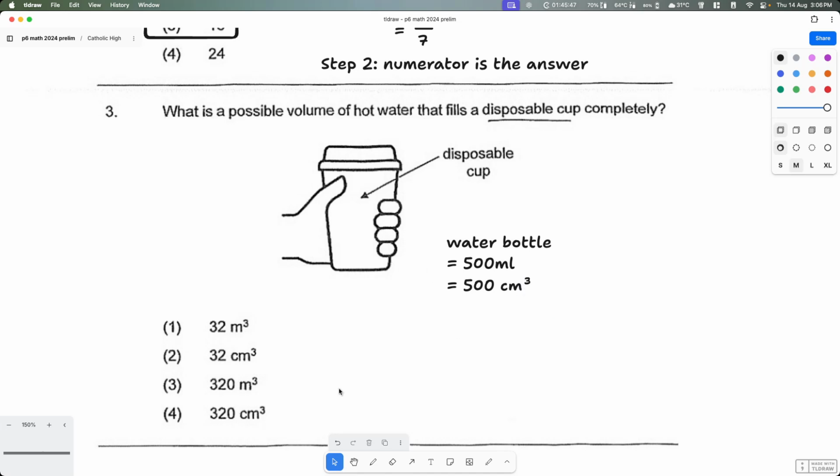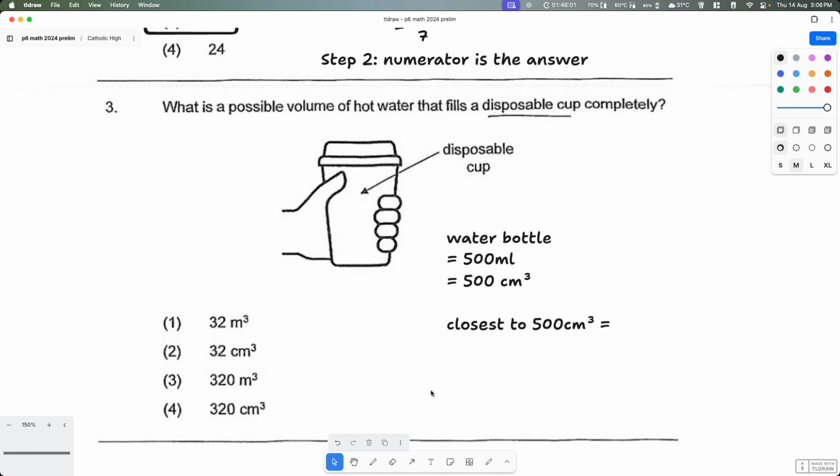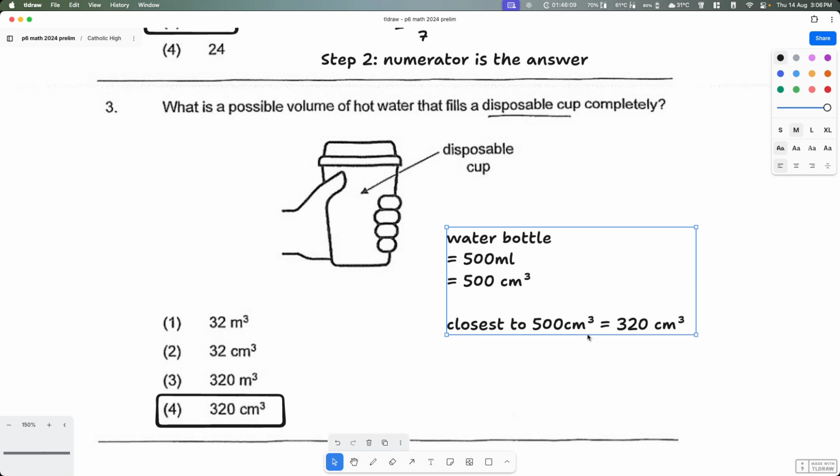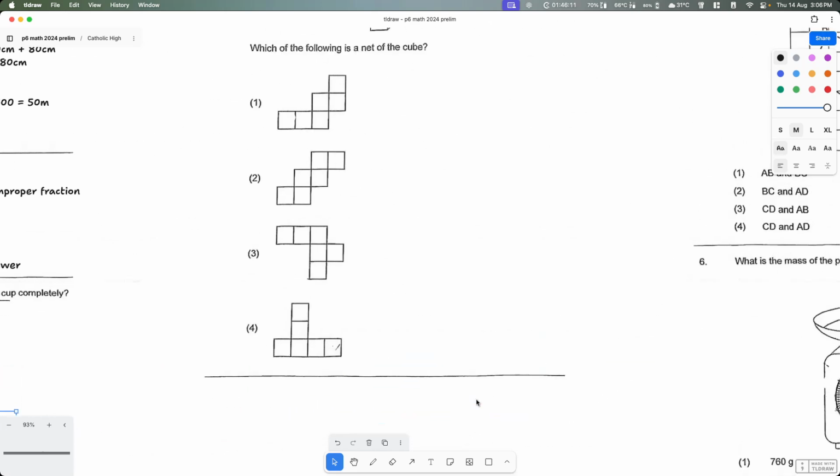So the closest to 500 centimeter cube in this case is 320 centimeter cube. Okay, that's it. Let's move on to question number 4.